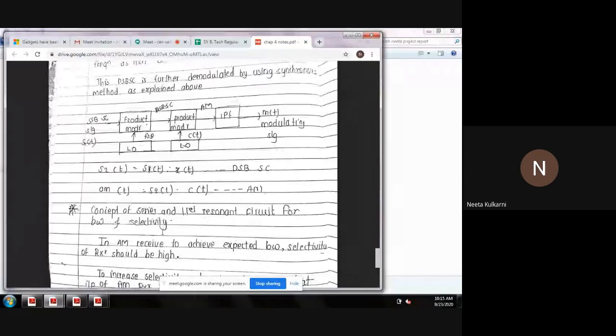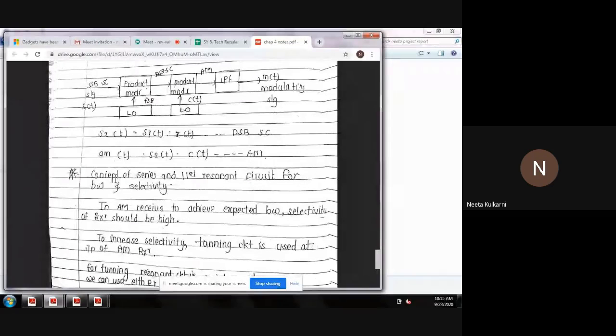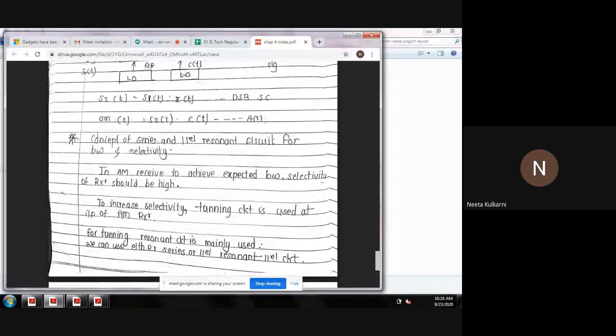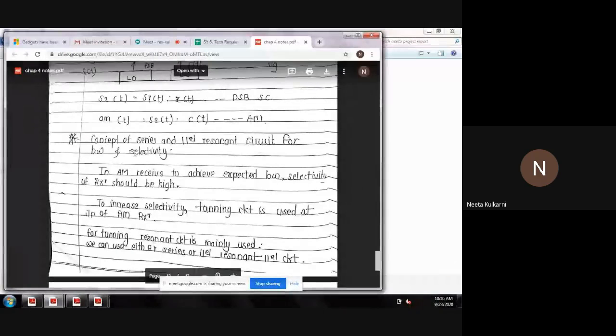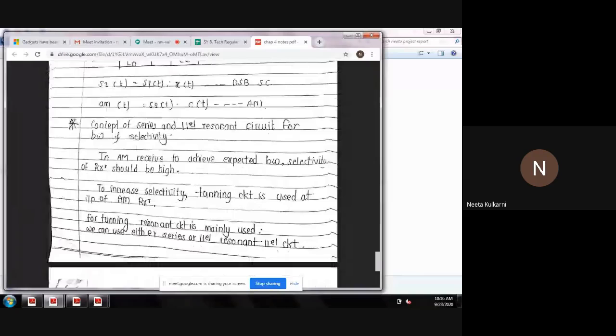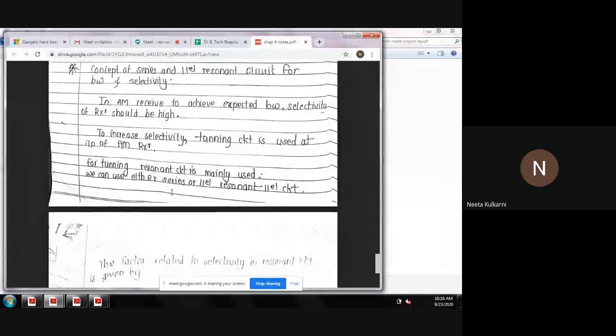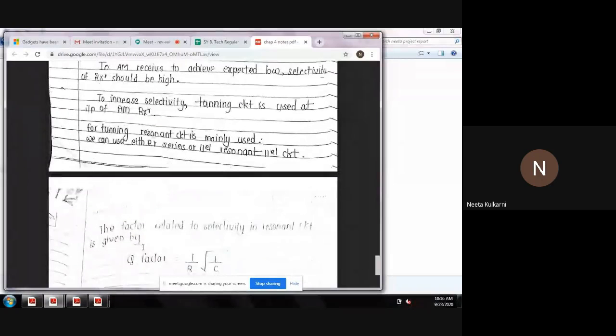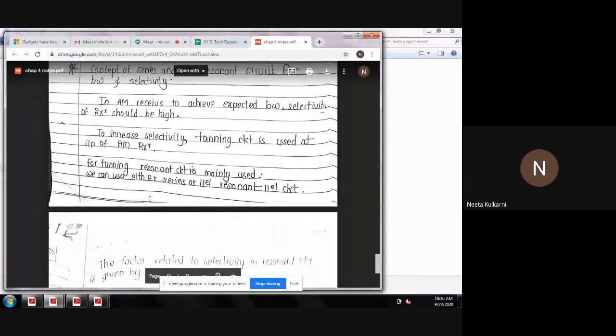So next point we will start, that is the concept of series and parallel resonant circuit for bandwidth and selectivity. See the point. So yesterday I had explained some basic things related to tuning. What is the concept of tuning that I told in the receiver?